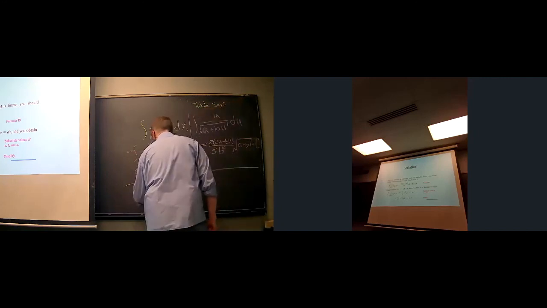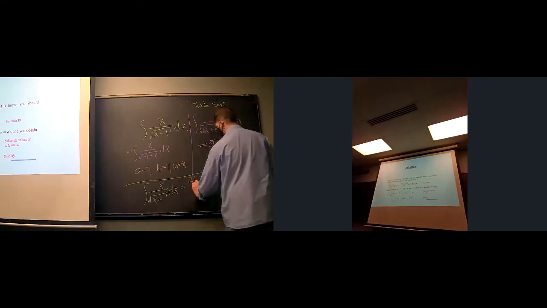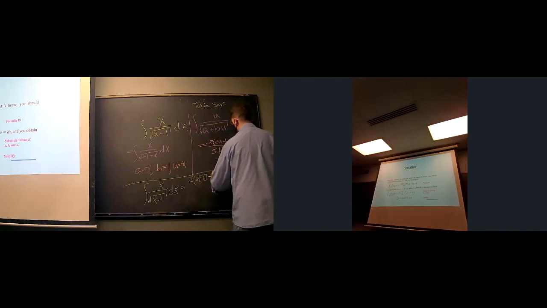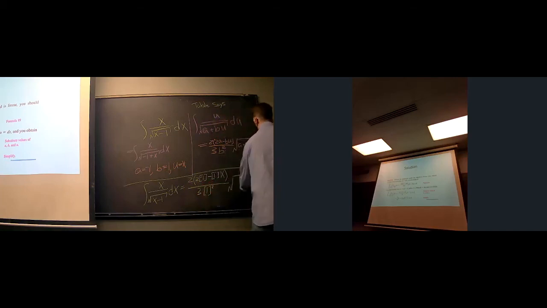So the integral of x over the square root of x minus 1 dx is going to come out to be 2 times the quantity 2 times negative 1 minus 1 times x, divided by 3 times 1 squared, times the square root of negative 1 plus b, which was 1, times x, plus a constant.